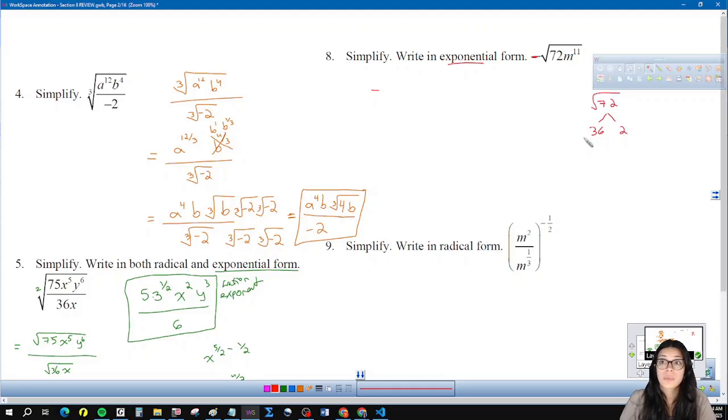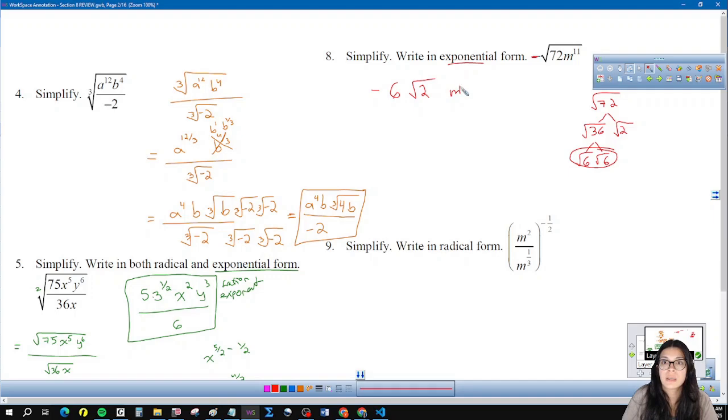Since this is the square root of 72, I want to get a perfect square so that I can take that square root of 6 out of that radical. So I'm going to have a 6 that comes out of the radical, and then a 2 that stays in the radical. And then I also have m to the power of 11.